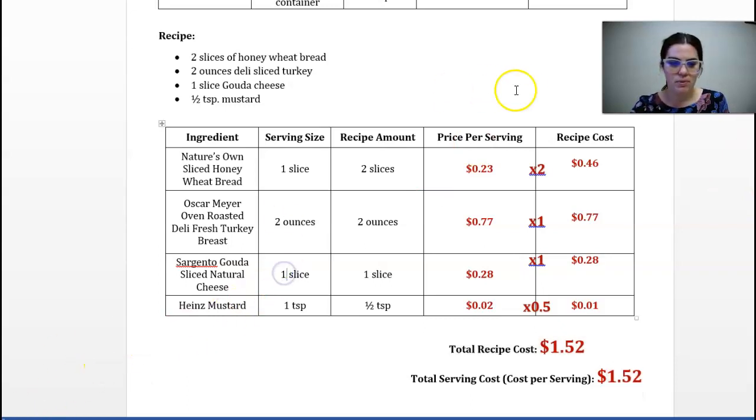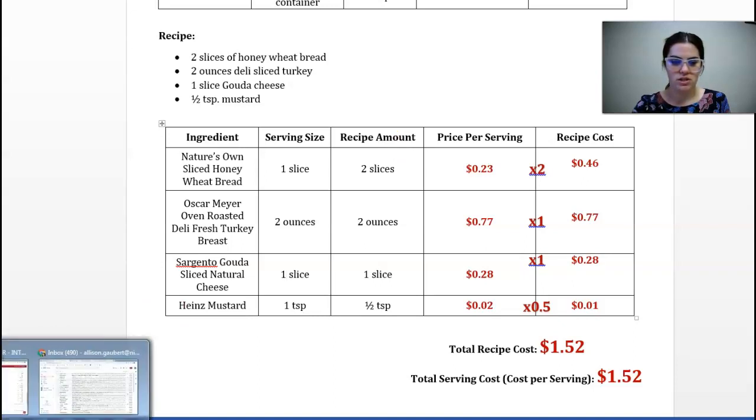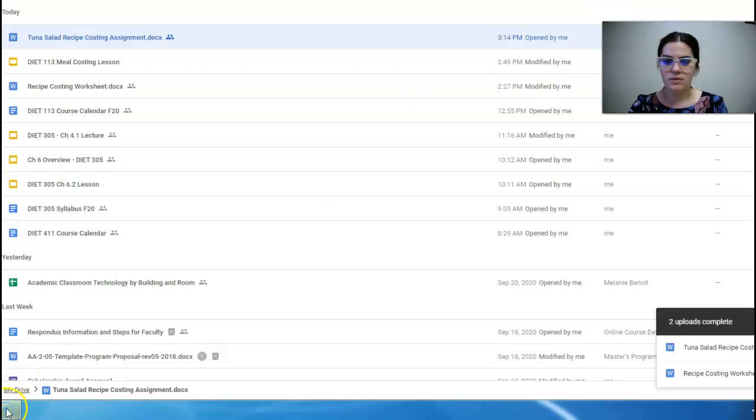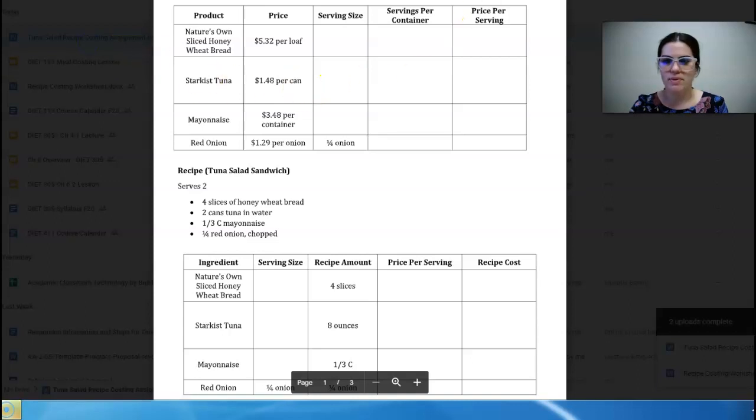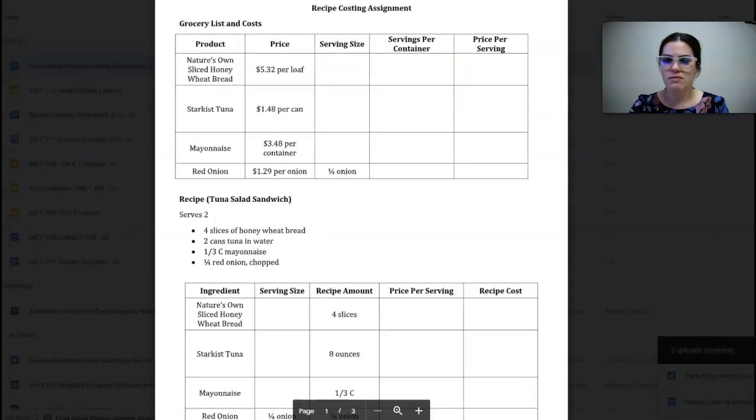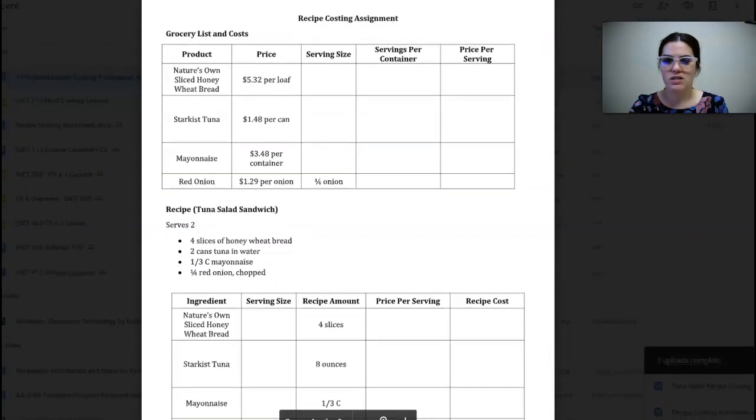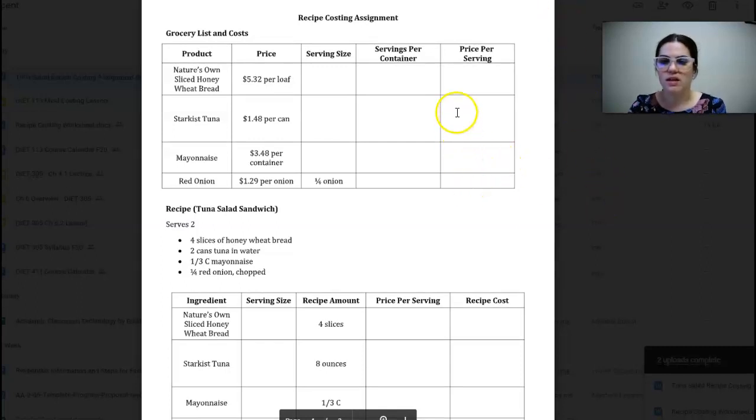So I'm going to pull up the other assignment that you are going to turn in. Okay, this is the recipe that you are going to be costing out for the assignment that you're going to turn in. This is worth a total of 25 points.